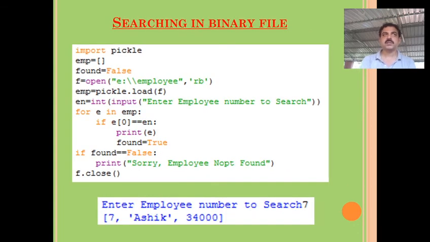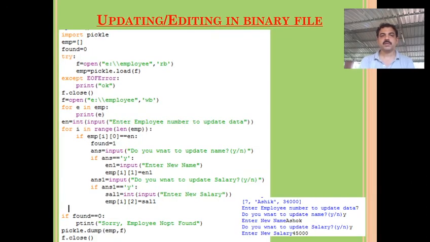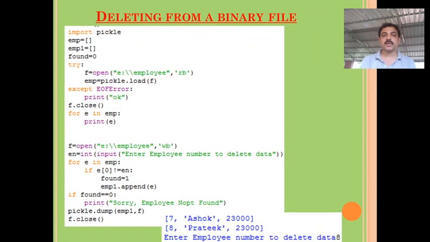Similarly, searching is done. Searching is nothing but reading. So we just check the required data, then display. Updating is done by asking the user to enter a particular employee number or the particular data. So it has to be checked in the file, then updated. So replace the previous data with the new data. This is how updating is done.